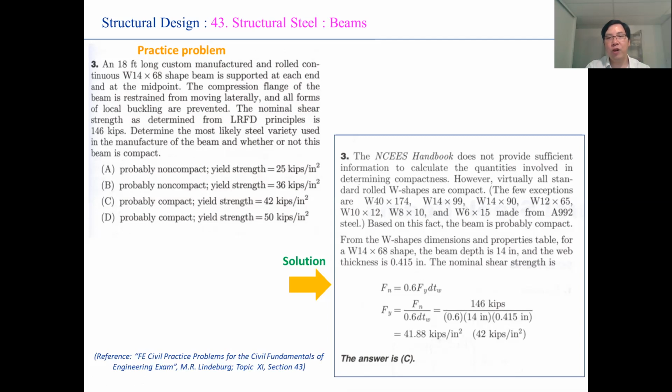So the nominal shear strength is calculated by this equation, and you can find that Fy is equal to about 42 kip per square inch. So when you compare the final result with the options, you can see that the correct answer is C.